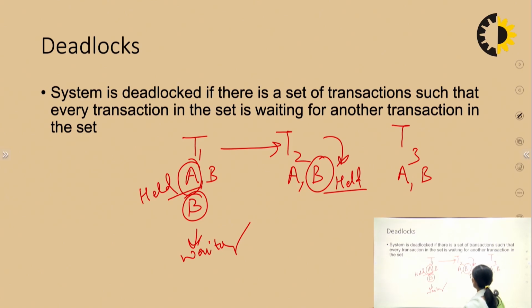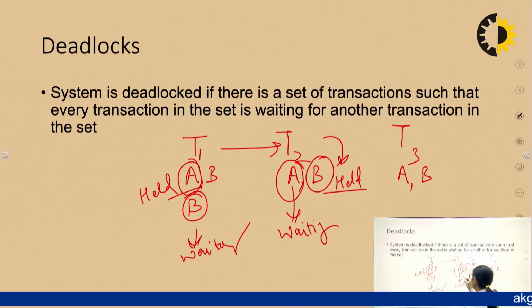Now see what happened here. After some time, the T2 transaction also sends a request for data item A, but data item A is already acquired by transaction T1, which is already working on it. So T2 will go into the waiting state on data item A, waiting for T1.